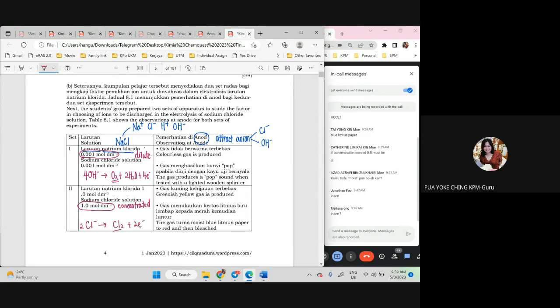So that's why you get chlorine gas. Greenish yellow gas mesti chlorine gas. And then untuk chlorine gas, kita test guna litmus paper, turn red and then bleach. Okay, and then white.